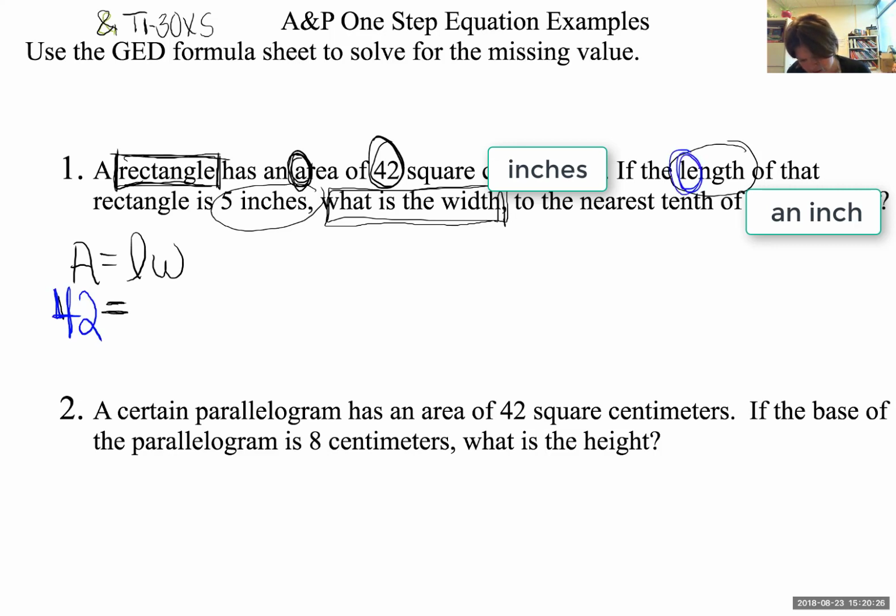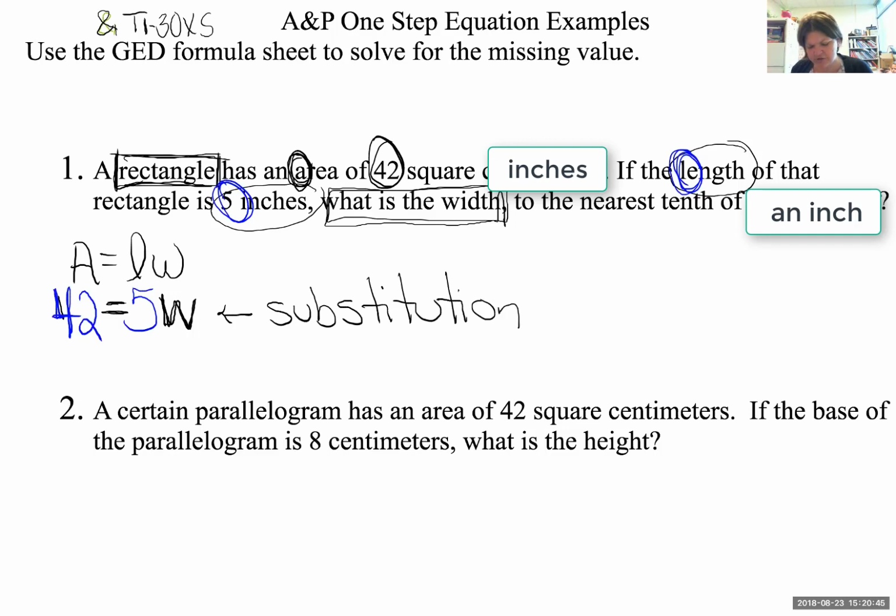They told me my length was 5. You always substitute any variables out for known values, so I get a 5 here. And width is the thing I'm looking for. It's the mystery. So whatever is the mystery will remain a variable, a letter. And just like our last class, that's the substitution step.